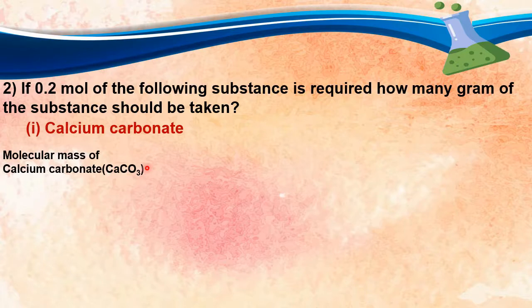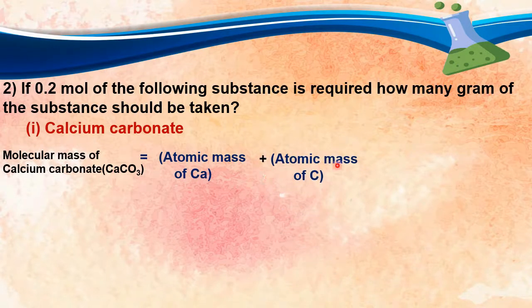So, we write molecular mass of calcium carbonate is equal to atomic mass of calcium, that is Ca, plus atomic mass of carbon, that is C, plus atomic mass of oxygen multiplied by 3. Here we need to multiply atomic mass of oxygen by 3 because there are 3 oxygen atoms present in the molecule of calcium carbonate.